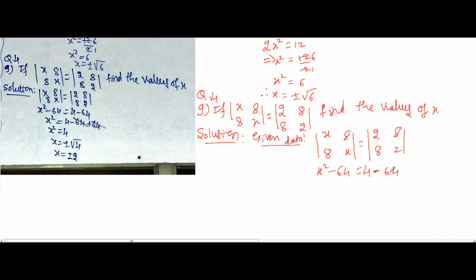Okay, so directly you can cancel here this minus 64 and this minus 64, or else you can do the simplification also by taking this minus 64, and then if you subtract that, it is going to come out as minus 60.